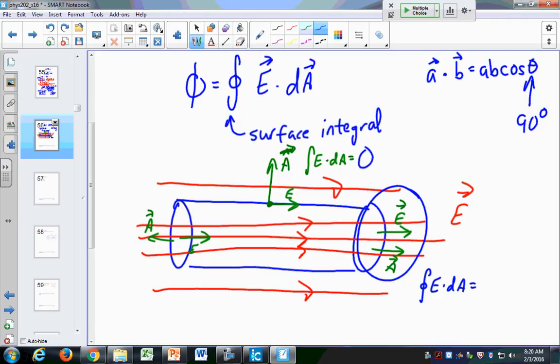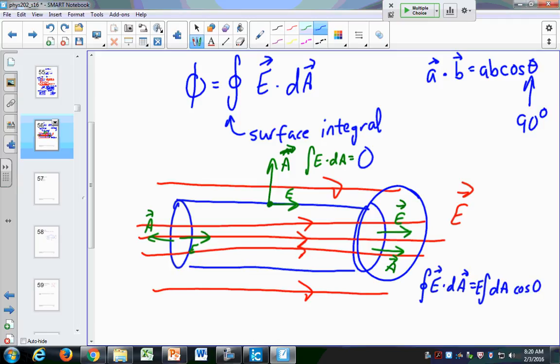So this dot product will be the magnitude of this vector times the differential element of my area vector, which is going to be dA, times the cosine of 0. So the way this would work out, it would be the integral of E, I'm just going to take E out because it's unchanging, times dA, times cosine of 0.